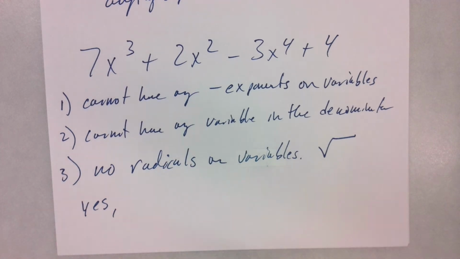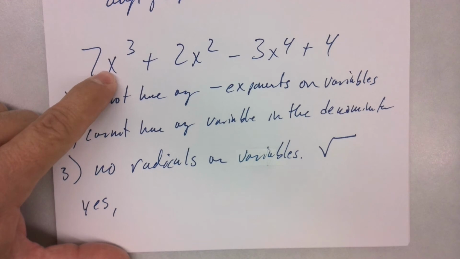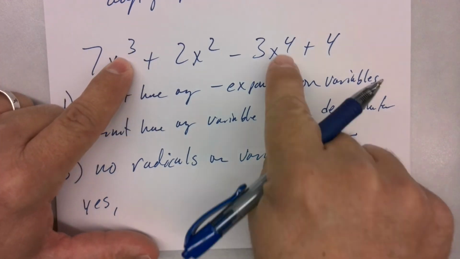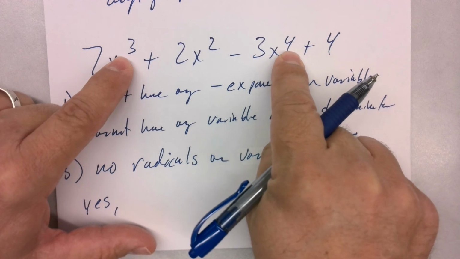Well, I guess I'm going to have to teach you that. Standard form goes from highest exponent or group of exponents to lowest exponent or group of exponents, okay? So what has to be first in this problem? 7x cubed? Well, its exponent's a 3. That one has an exponent of 4.